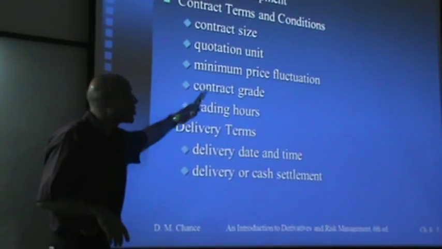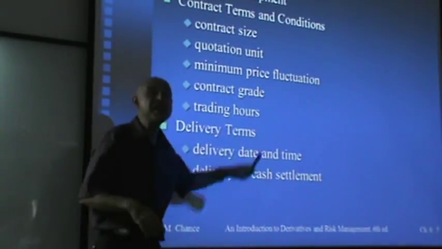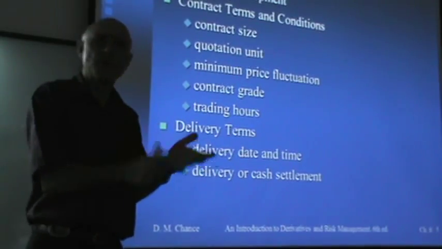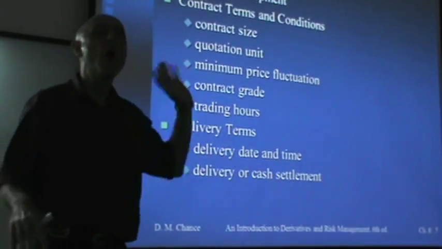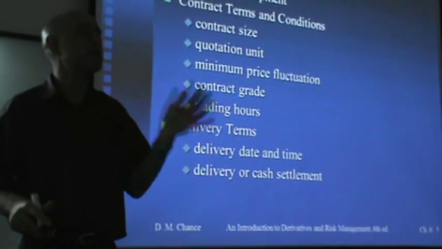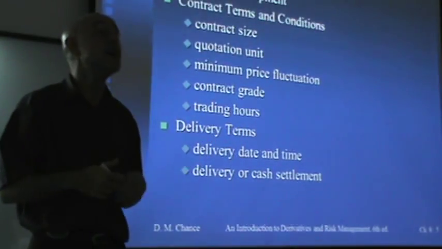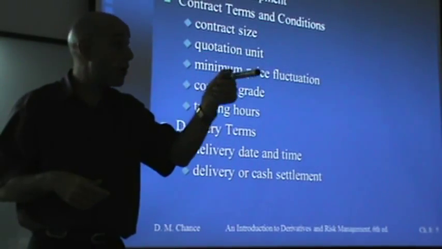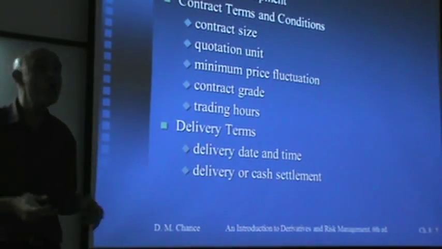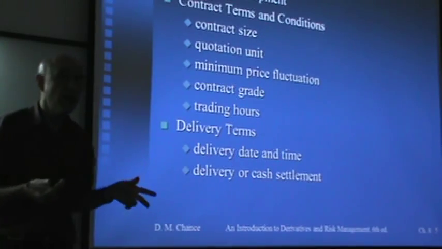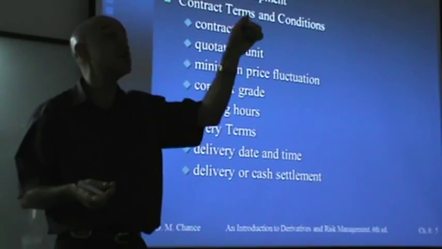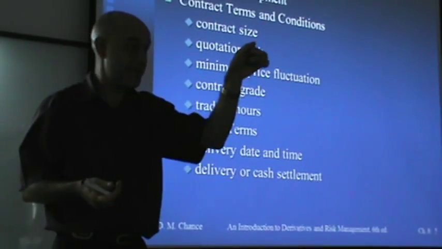So, contract grade. Grade means the quality of the underlying asset. For stocks, it doesn't apply. All stocks are the same. For the stock index, it doesn't apply. But if you're delivering or trading in corn, you want to know the quality of the corn. For you, corn is abstract, but you eat rice every day.